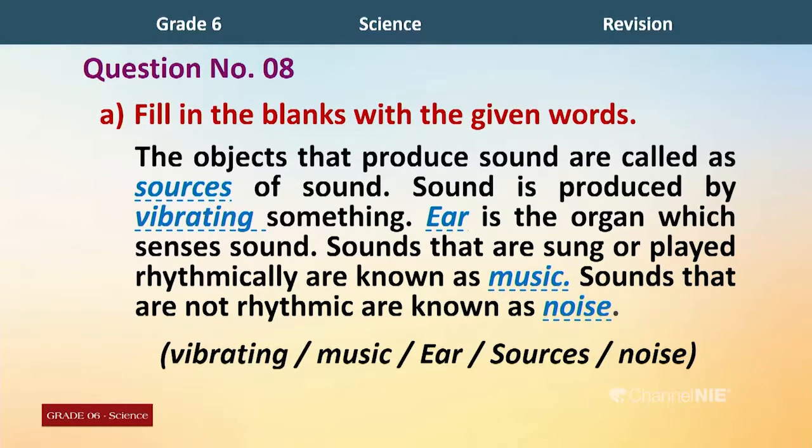When a certain object is vibrated, the sound is produced. Ear is the organ which senses the sound. Sounds that are sung or played rhythmically are known as music. Sounds that are not rhythmic are known as noise. That is the difference between music and noise. Music is rhythmic.